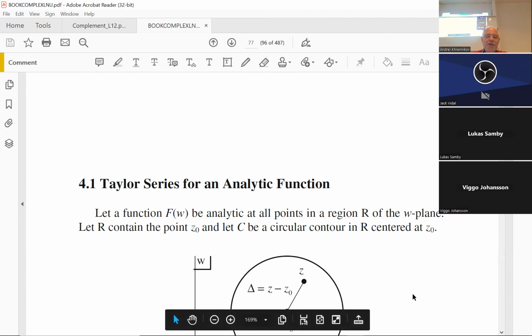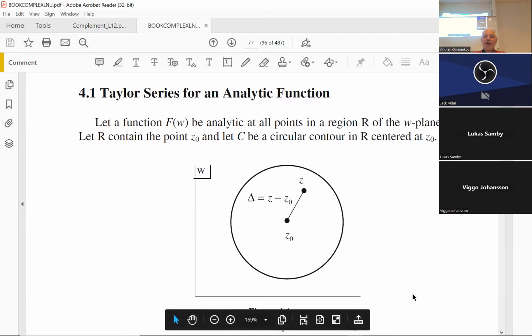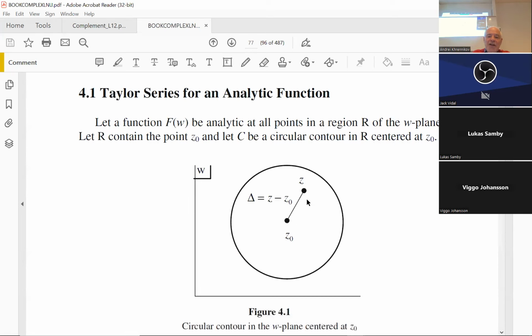Okay, so we go. What do we do? This is our point z0. This z0 which was on the table. Now we take some circle around it, take a point z, and the main parameter would be this distance from the center to this point z.